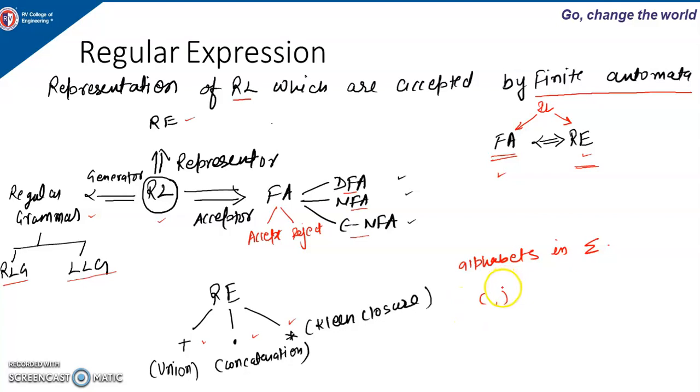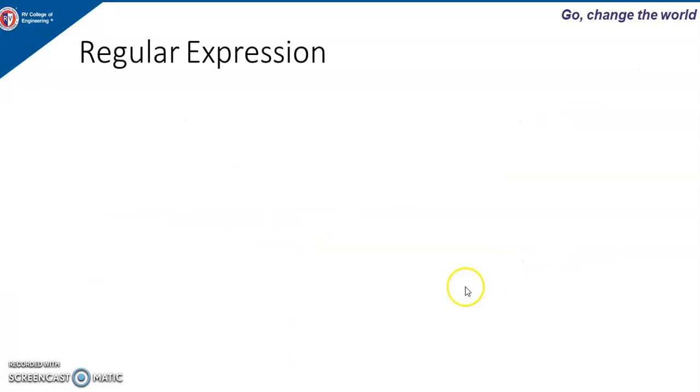Now let us see what is regular expression. A regular expression can be defined by three rules. The first rule: phi is a regular expression denoting the empty language.